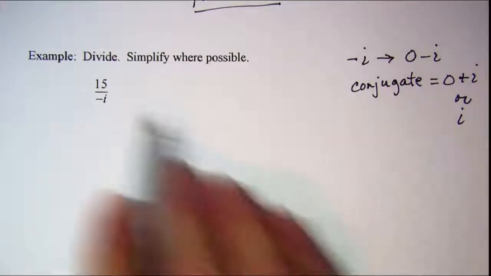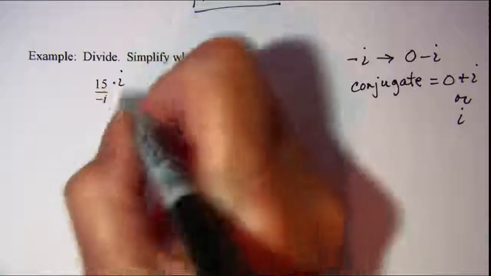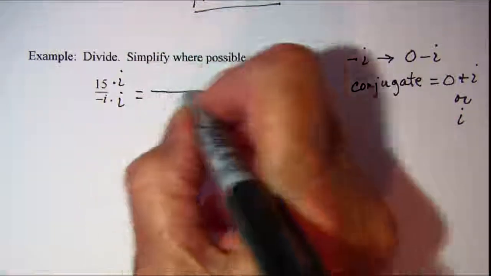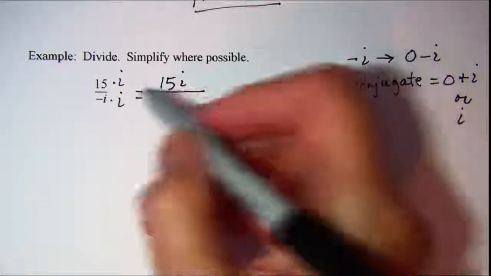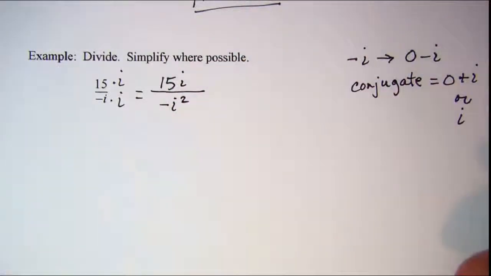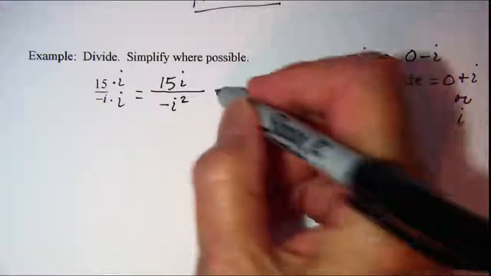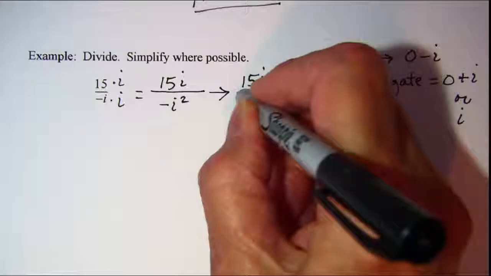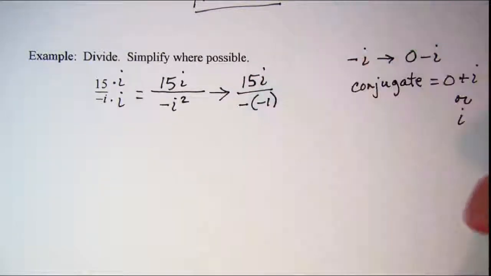So if I multiply top and bottom here by i, I will get in the numerator 15i, and in the denominator I'll have a negative i squared. Now we know i squared is negative 1, so this is 15i over a negative 1.